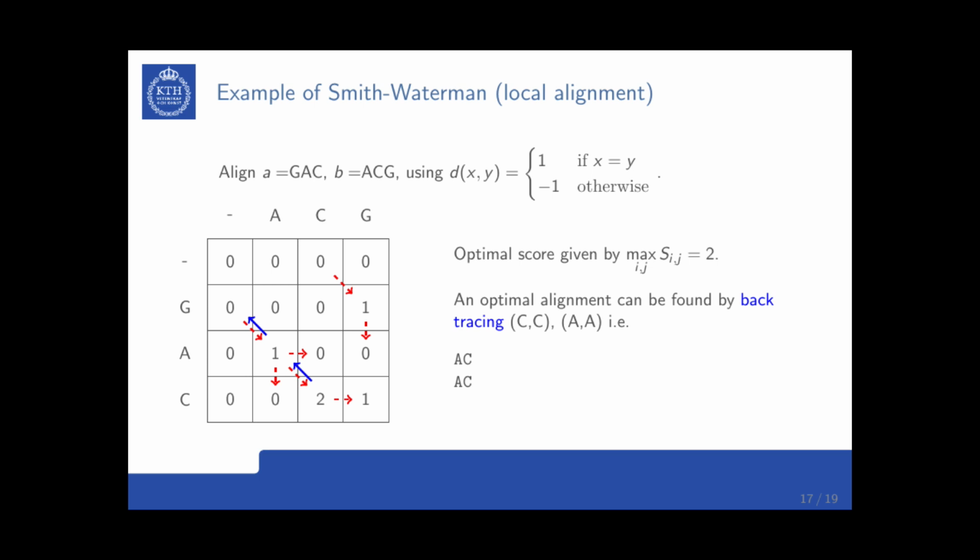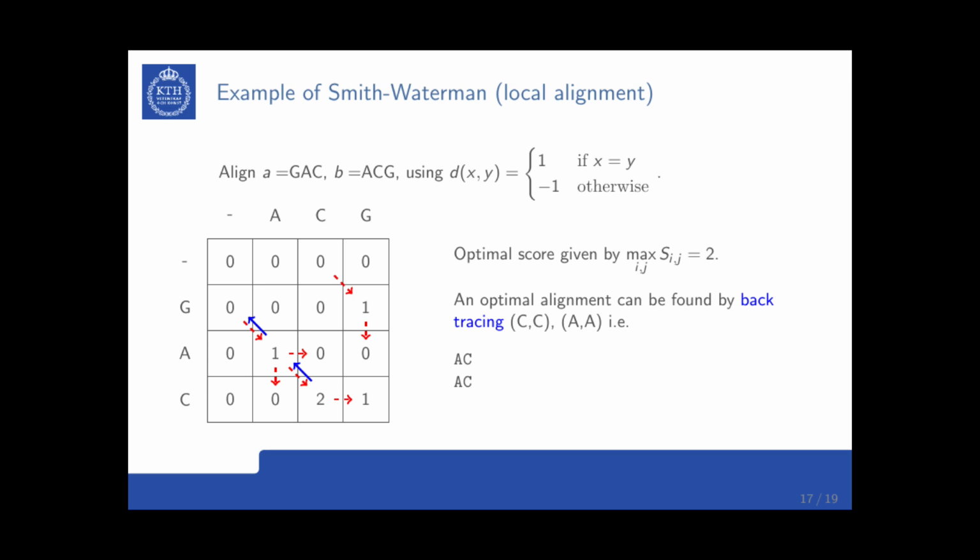When we want to score a Smith-Waterman alignment, we are using backtracing again, but this time we're doing so from the maximal element anywhere. The maximal element in this case is S32, which happens to be 2.